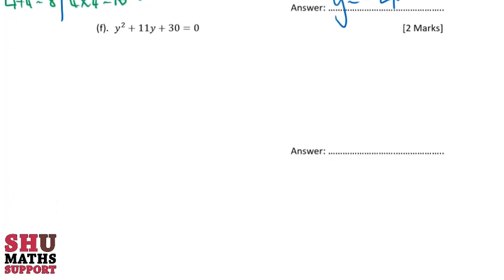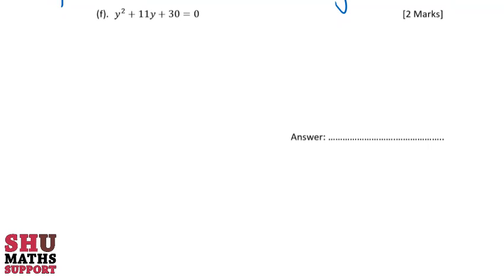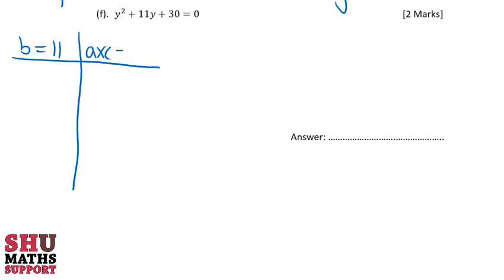We have y squared plus 11y plus 30 equals 0. So we need to remember it's y again. So we'll set up our little table again. So we're going to have b is equal to 11, and a times c is equal to 1 times 30, which is just 30. And start at 1 again.